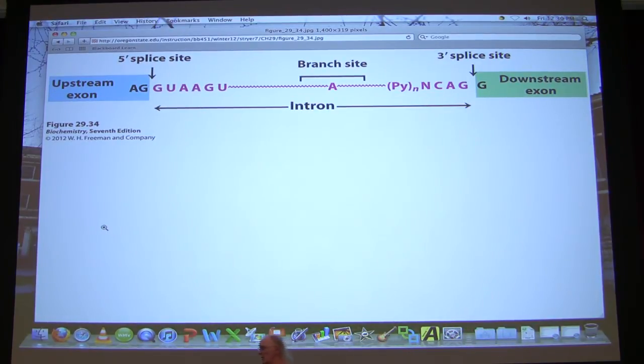It doesn't have to be a messenger RNA. It could be a ribosomal RNA, a transfer RNA, or a messenger RNA. Splicing is a covalent alteration of the RNA after it's been made, and that covalent alteration removes at least one segment from that finished RNA.